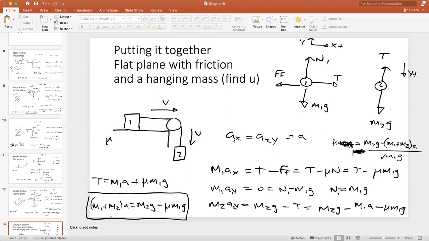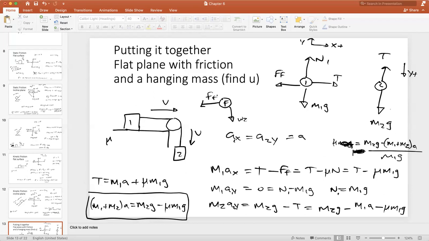I want you to note this though, again, remember that our net force is the total mass times the net acceleration is the sum of the forces. Well, we only have two forces acting on this system. We have a force pulling it down, which is m2g, and we have a frictional force trying to stop it from moving. So if you imagine this was my big system, the friction is trying to pull it that way, and the weight of 2 is trying to pull it that way.